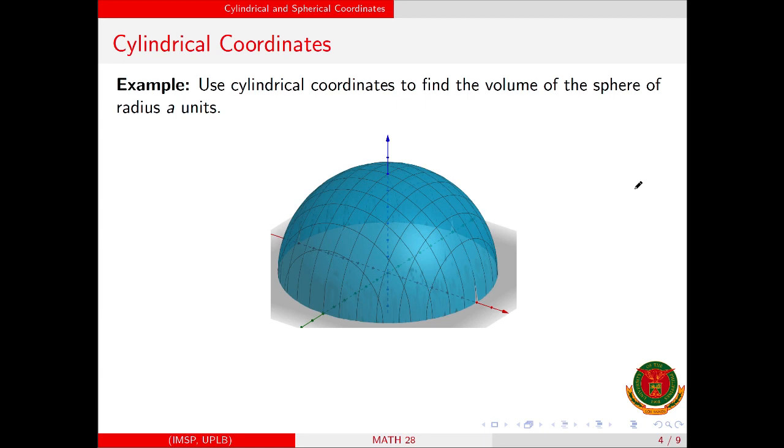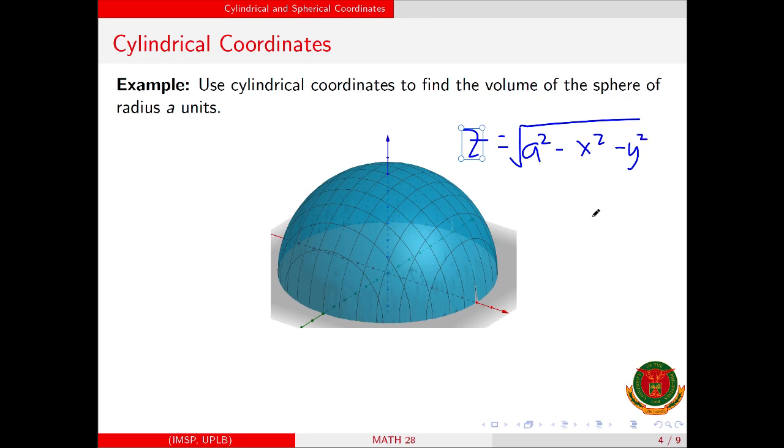Our idea is to convert all the Cartesian equations into its cylindrical equations. Take note that in this equation, we only consider the upper hemisphere, which is above the xy plane. So this solid can actually be represented by this equation: z equals square root of a squared minus x squared minus y squared.